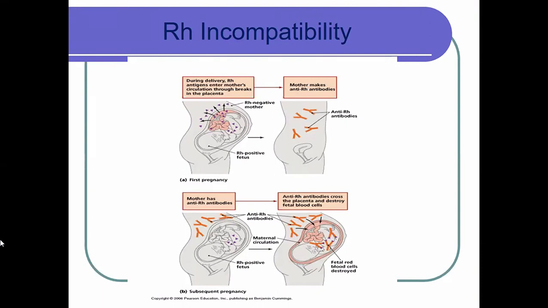So there would be the anti-Rh antibodies crossing the placenta, destroying now the cells of the fetus.